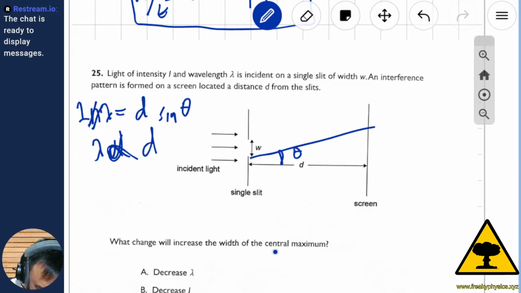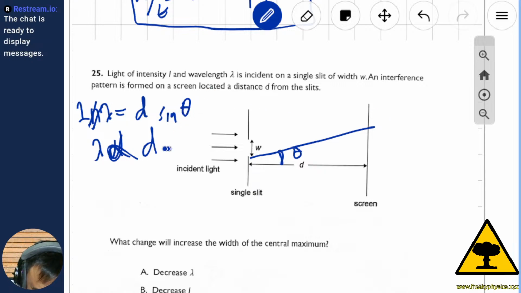If you increase, there's something else missing. Okay, there is the width. If you do the one with the width though, which formula is it going to be? It's okay, that's for double slit. So from here it's not very obvious what's going to happen.